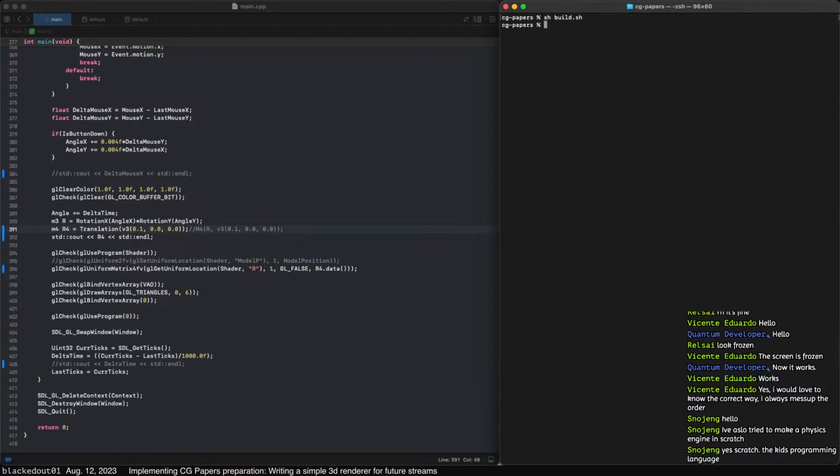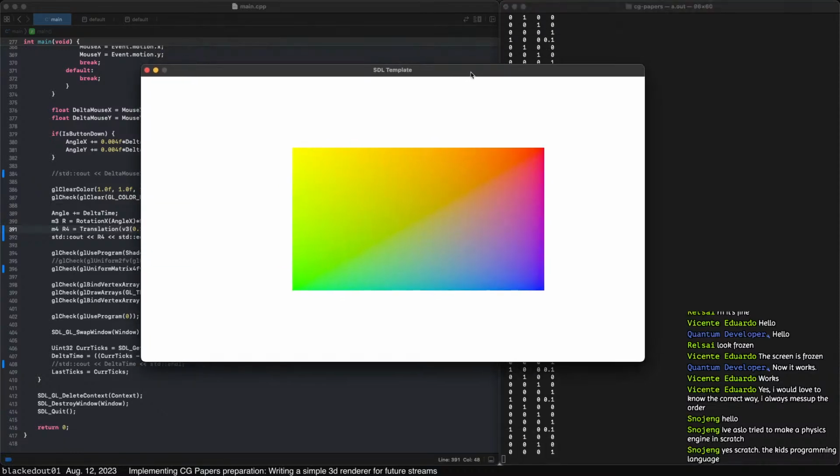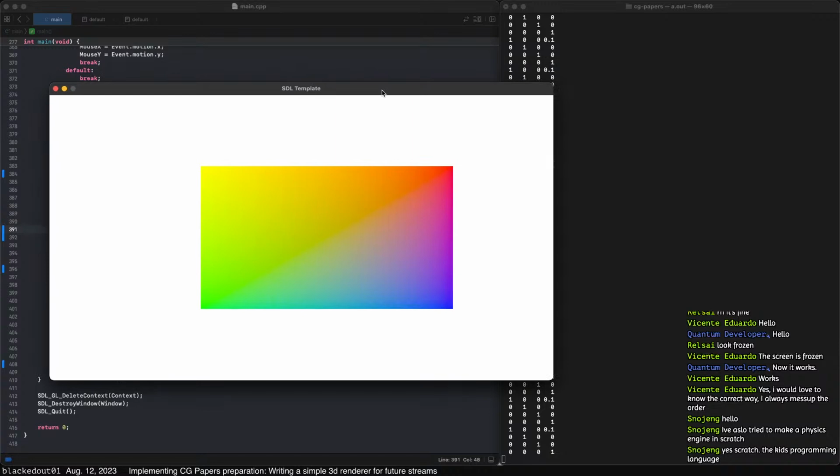Oh, I see. But that's even more difficult, isn't it? Because you need to use all of these blocks. How is it even possible?